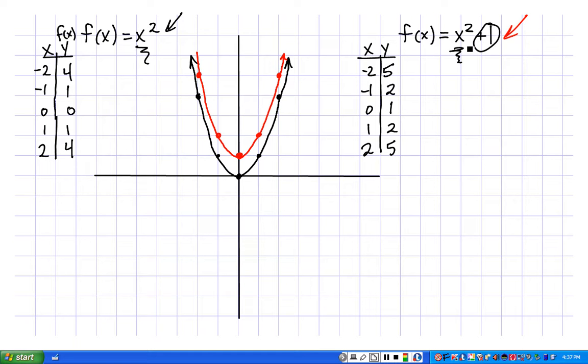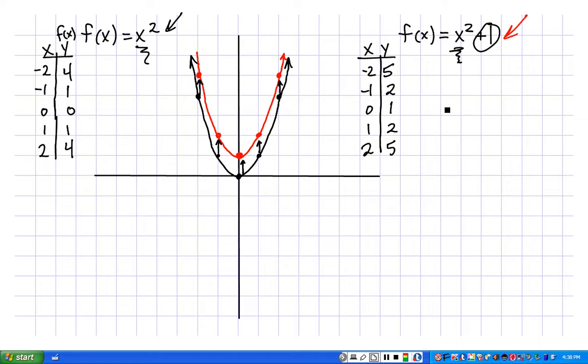But if we add this 1 to that parent function, the same profile exists, but every point on our parent function got shifted up 1. That's the definition of a vertical shift.